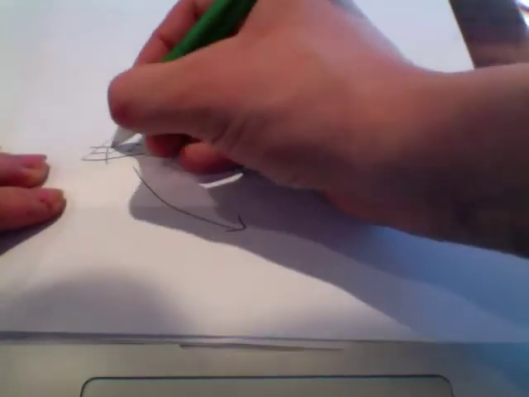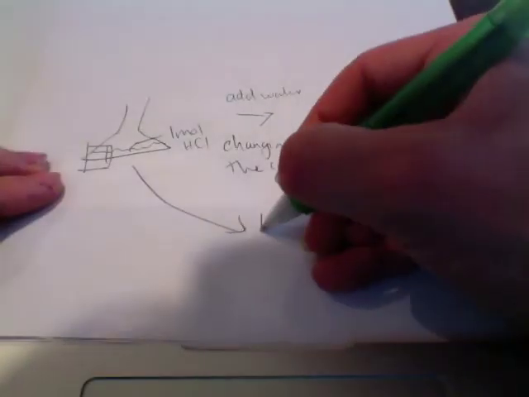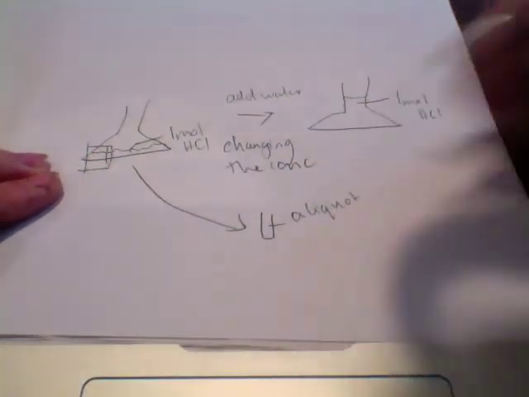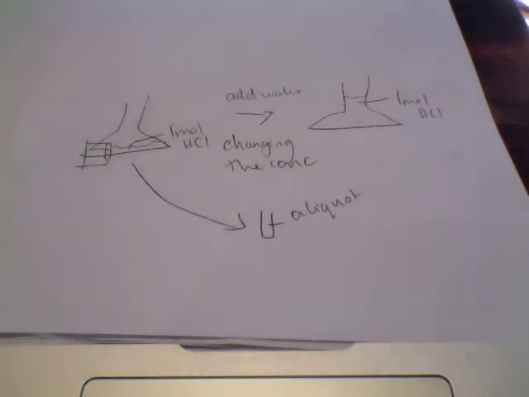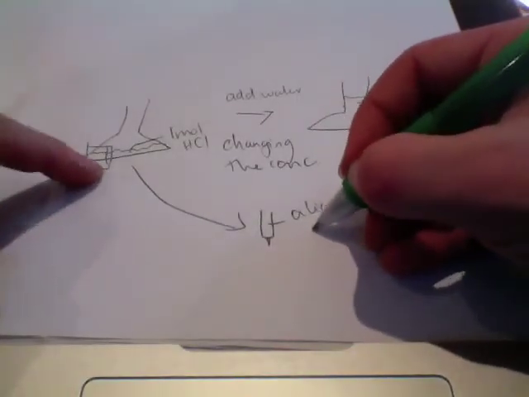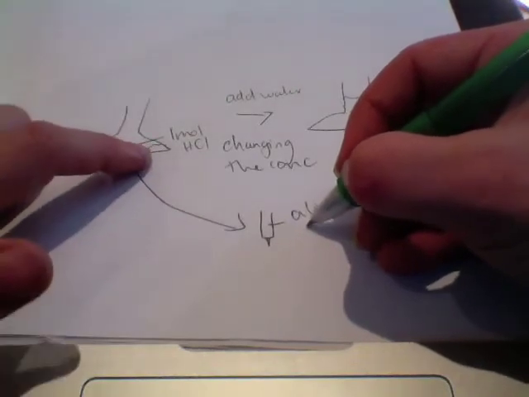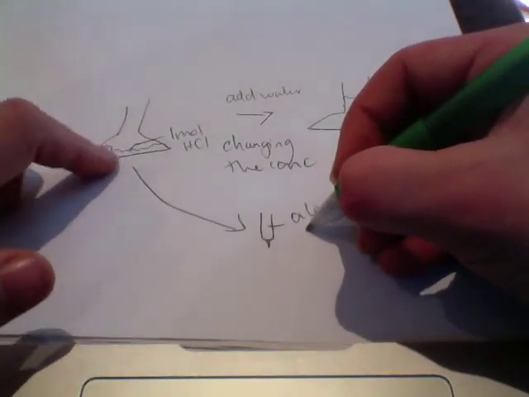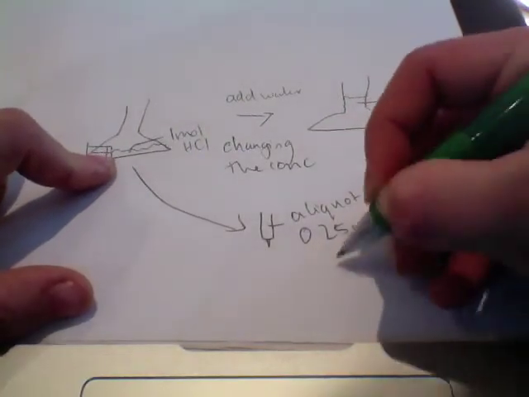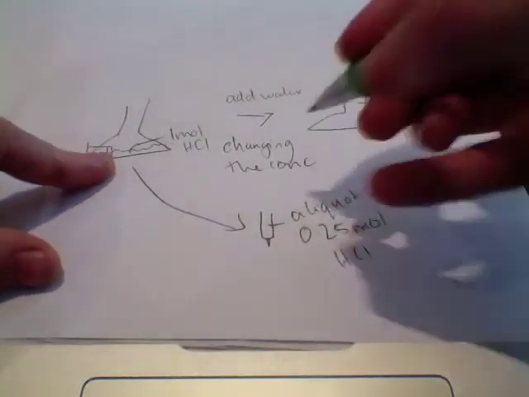So how will I change the moles? Well, if instead of adding water, I actually take out a piece of the pie, I take an aliquot. Technically speaking, it would be an aliquot from our pipette, and we might have, that's less than half, it's like a quarter, so 0.25 mole of HCl.